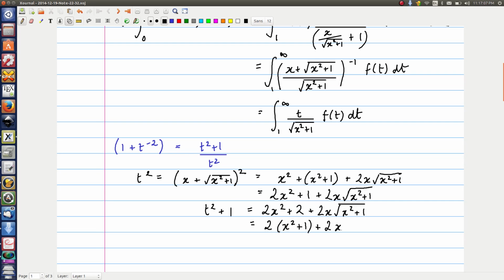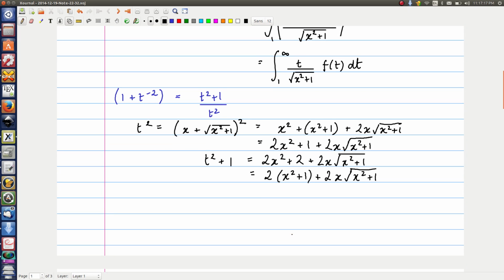I hope you can see that. Because now, both inside the square root on the right and on the left, we've got the term x squared plus 1. So we can take a common factor there, and the common factor is 2 times the square root of x squared plus 1. And then, sorry, why isn't that working?